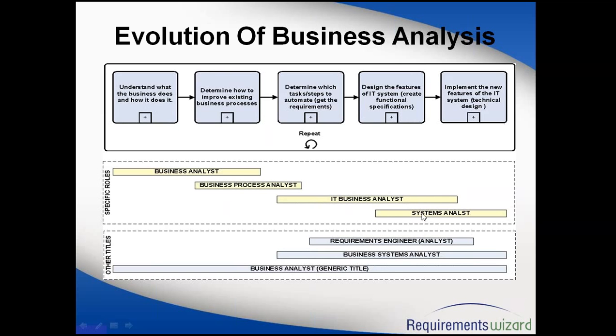The systems analyst is more geared toward doing the system level requirements. So he or she may not be involved in this phase, but once the business level requirements are defined, the systems analyst may start converting them into the system level.